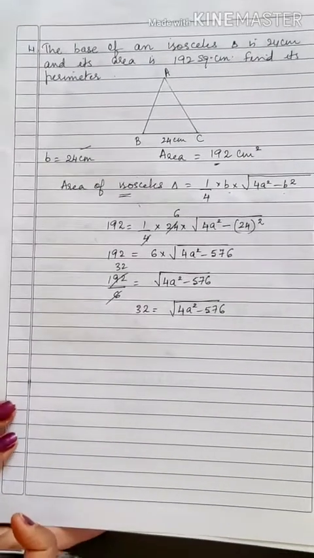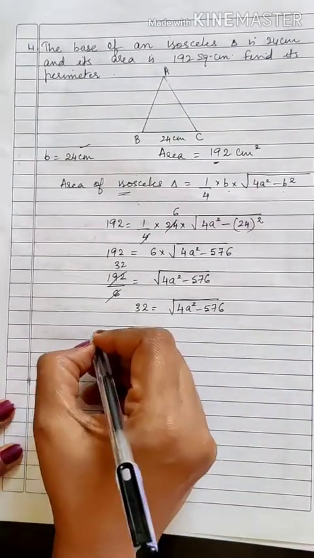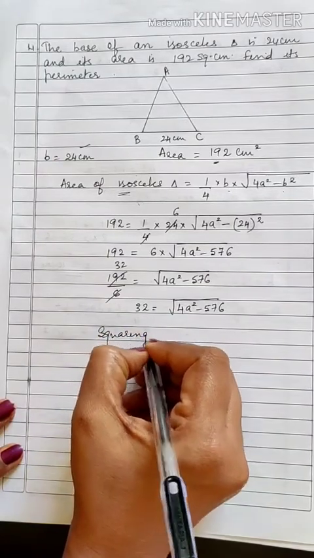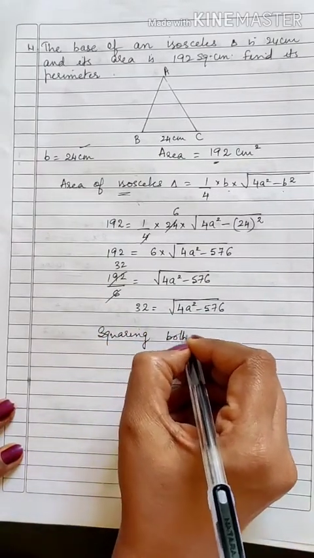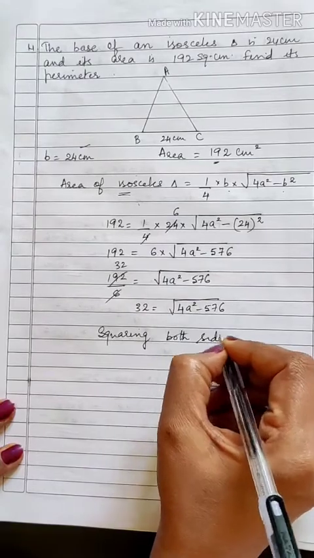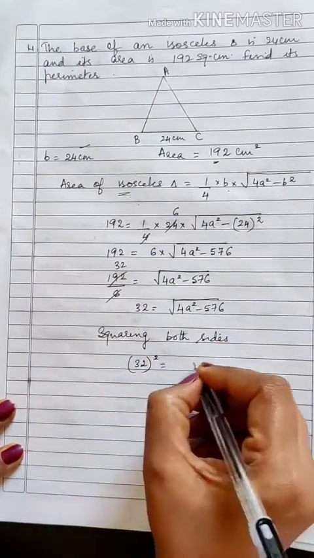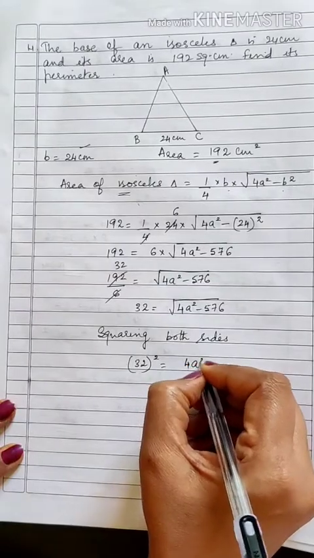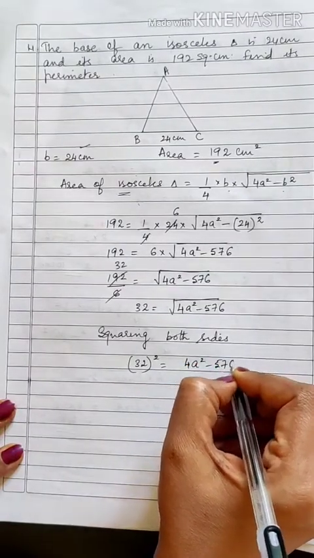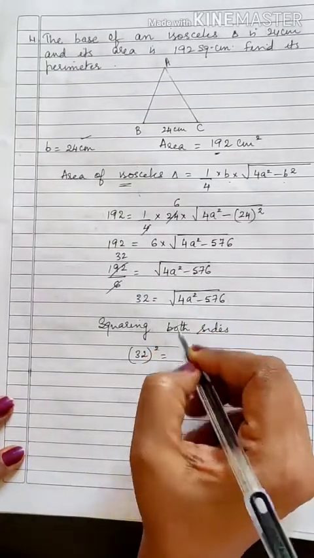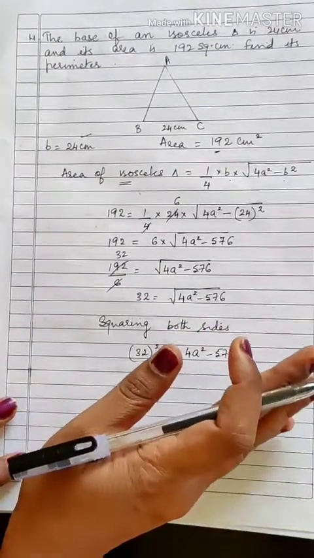Whenever you have to eliminate the square root, you have to do the squaring. So we will do squaring both sides. So you get 32 the whole square is equal to 4a square minus 576. Actually, when we square this, the square root is eliminated.